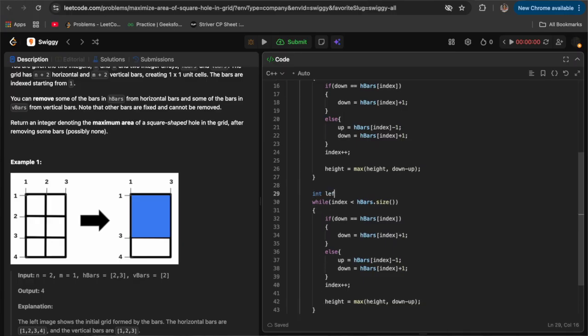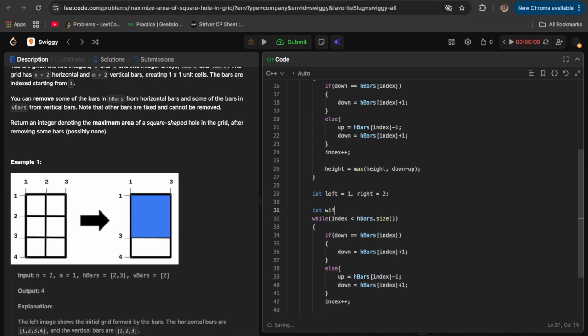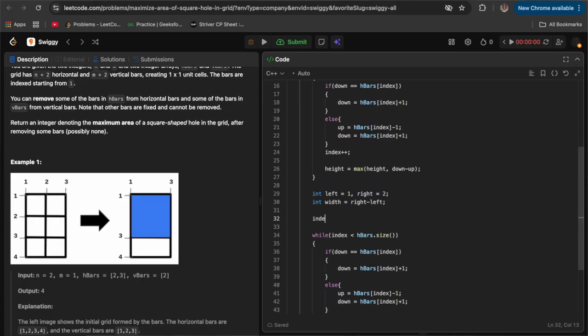And the next thing, I have to do the same thing for left and right. My left will be 1 and my right will be 2, and I'm taking this for width. So my width is right minus left, that is 1. You can see here, I can take it like this only, right minus left. That's how I will get the width. And my index, again I'll start with 0, and my index is less than v bars size, because I'm finding width, so I'll take v bar.